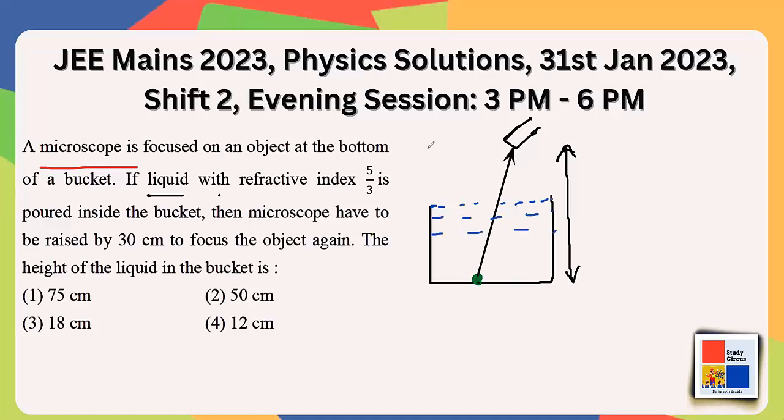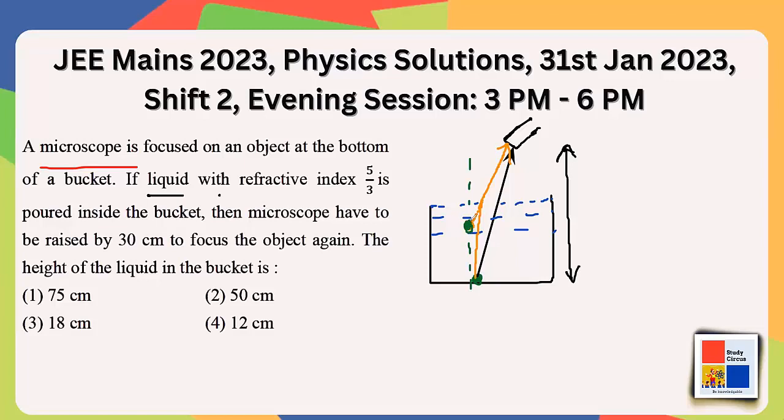Now if a ray emerges from the object here, it will be bending away from the normal. The ray of light is going from a denser medium to a rarer medium, right? So now it will appear to the microscope that the ray of light is as if it is coming from this point here.